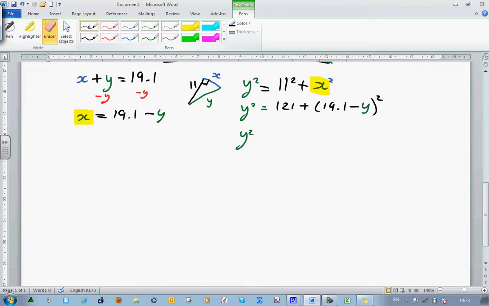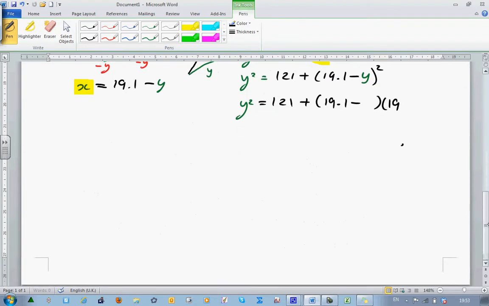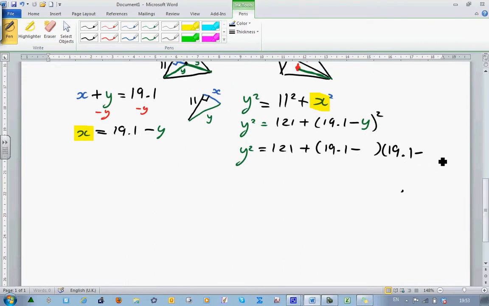So I've got y squared equals 121. Now this is the bit that you may not be aware of. This times this, this times this, this times this, and this times this. I'll show you that in a different way in a moment, but that will give us 19.1 squared, which is 364.81.